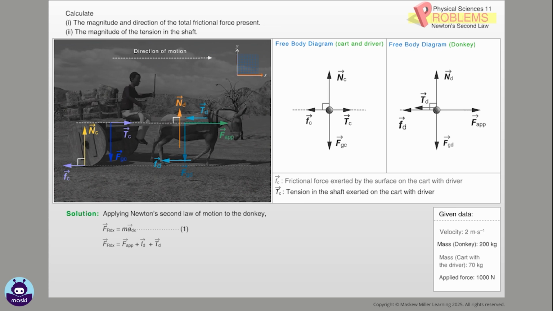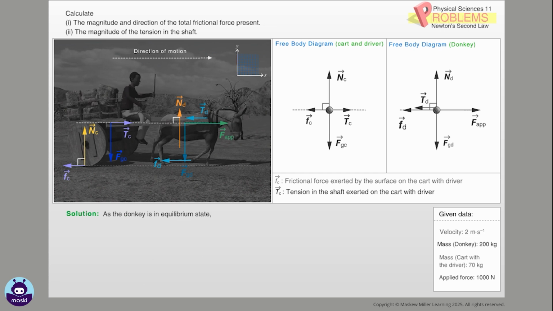Taking the direction towards the right as positive, we get vector Frdx equals F applied minus Fd minus Td. Combining 1 and 2, we get m vector adx equals F applied minus Fd minus Td.